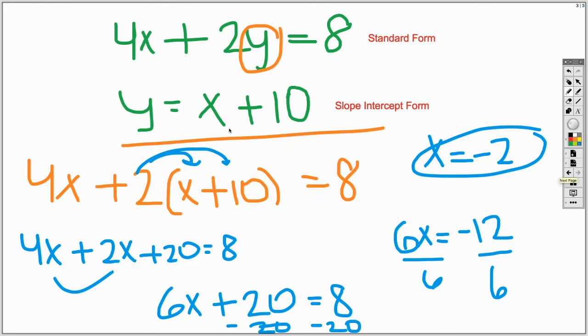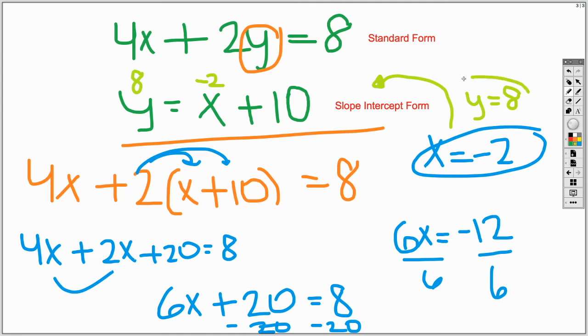And we basically just plug it in. I'm going to plug in negative 2 in the slope-intercept form. Instead of writing x, I'd put negative 2 plus 10, which gives me 8. So I get y equals 8.